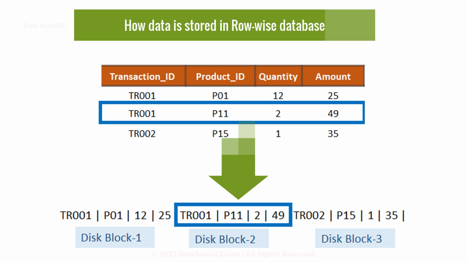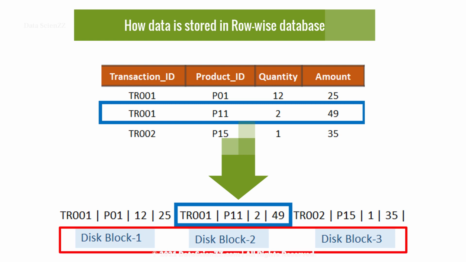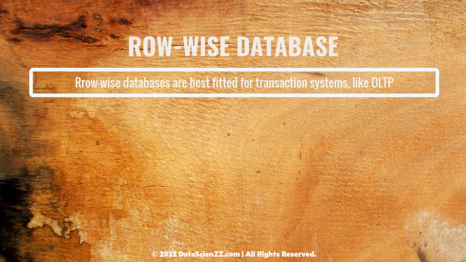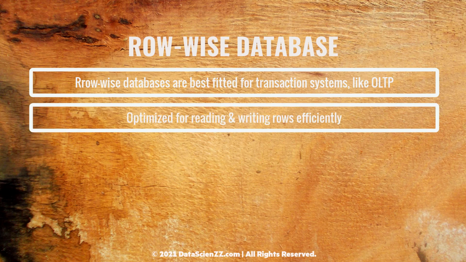Here, all the records for a row are stored together, and searching for a single row is much faster. This kind of row-wise database is best suited for transaction systems, like OLTP, where the user may be interested in a single row with most of the columns. They are optimized for reading and writing rows efficiently.